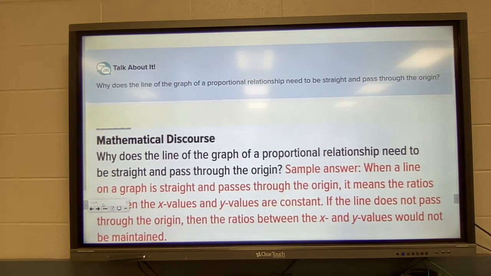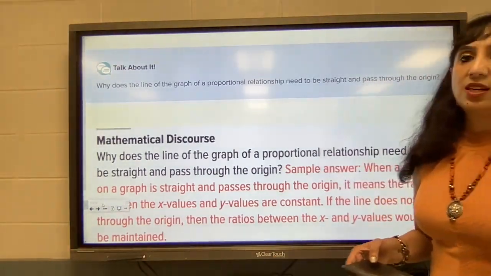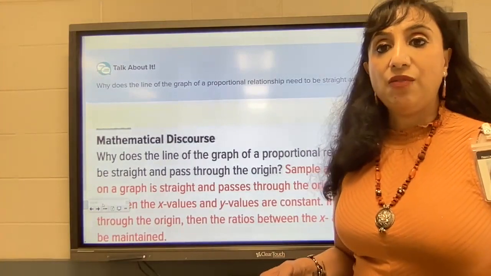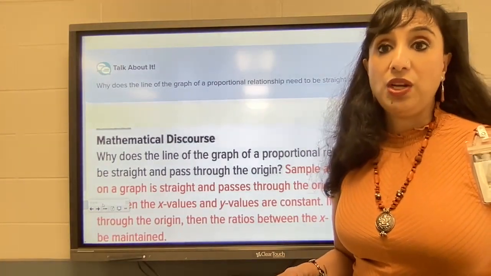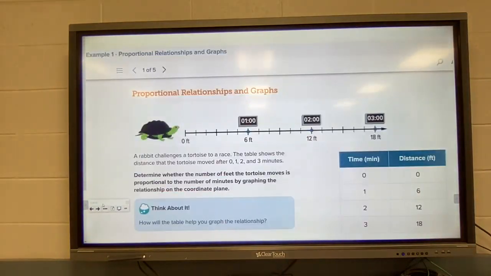And if the line does not pass through the origin, then the ratios between the x and y values would not be maintained. Okay, so that's the reason. So the constant values of the ratio are only maintained if it's passing through the origin, otherwise it's not going to be maintained.